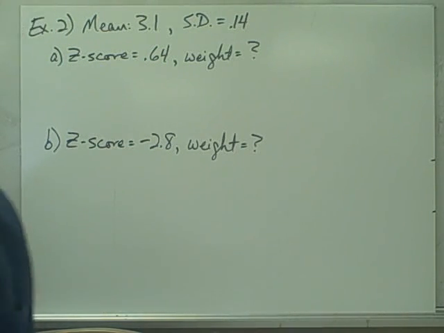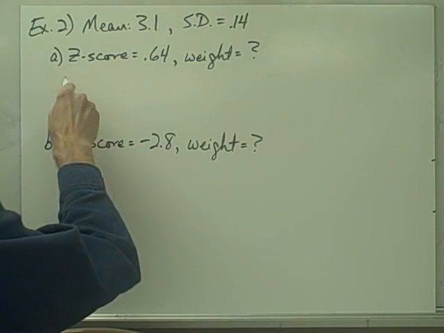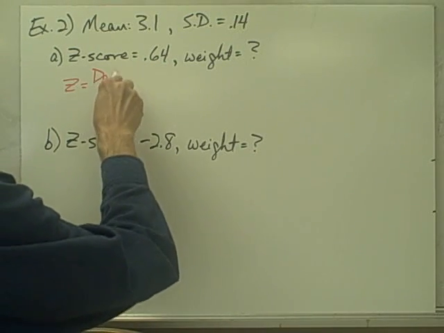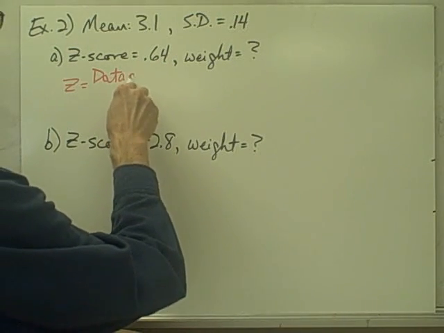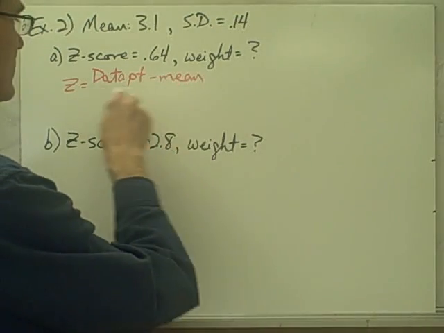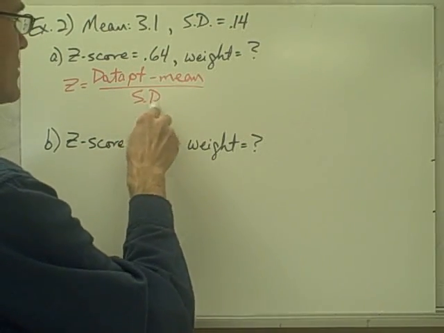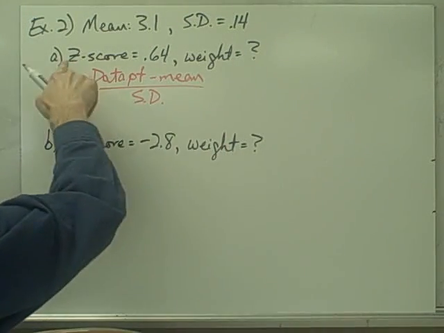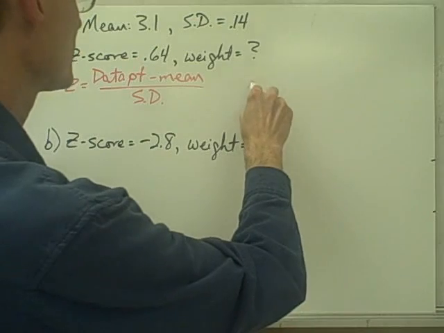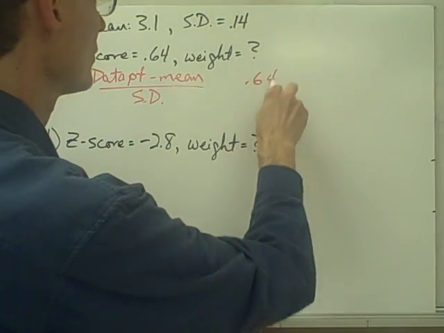Well, we're going to be using the same z-score formula. Z is the value of the data point minus the mean, divided by the standard deviation. In this case, I know the value of my z-score, so I can plug that in here. So my z-score is 0.64.